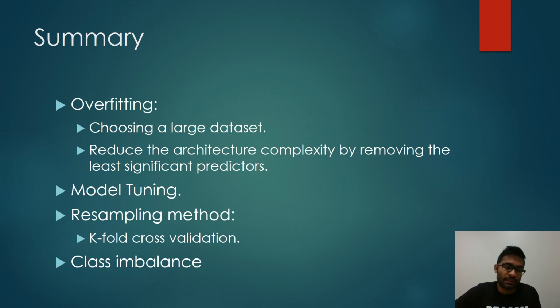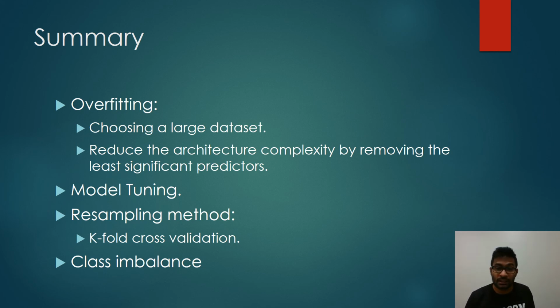So the final summary. The first thing we did to overcome overfitting is choosing a large dataset. Our dataset had more than 4,000 observations, which is considerably large. The second thing we did was choosing the most significant predictors. This way we reduce the architectural complexity, and that helps to reduce overfitting. For each model we performed several iterations by changing the tuning parameters.